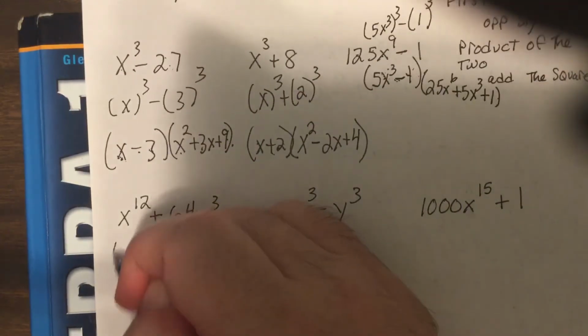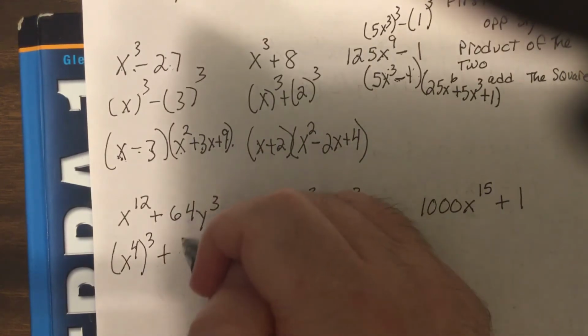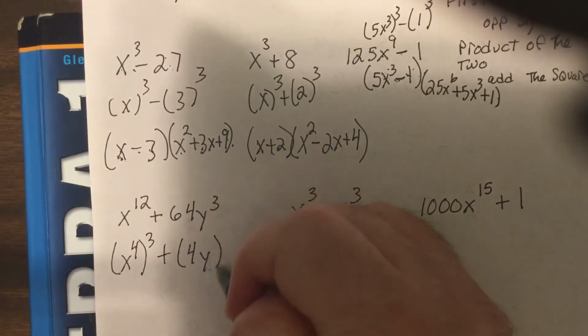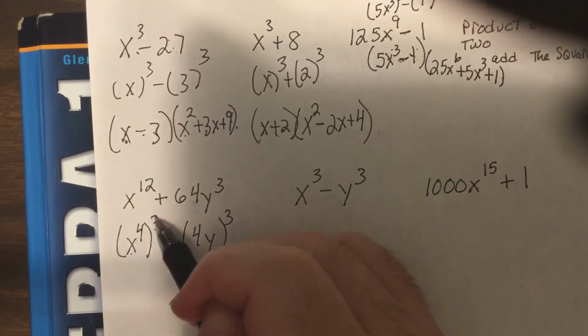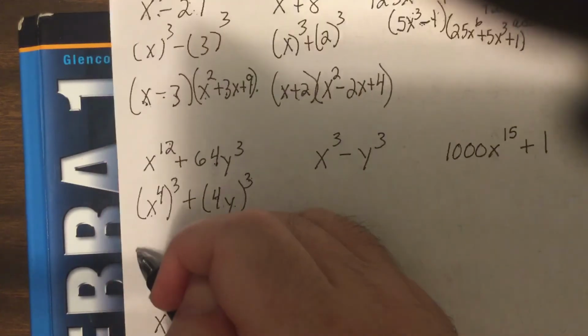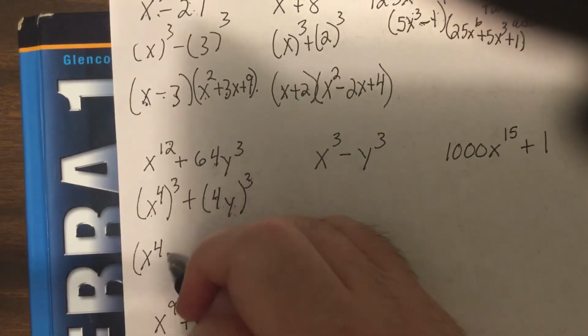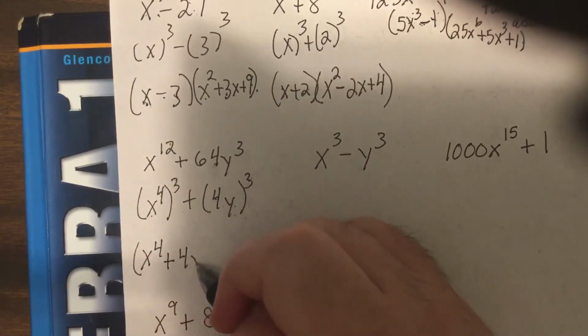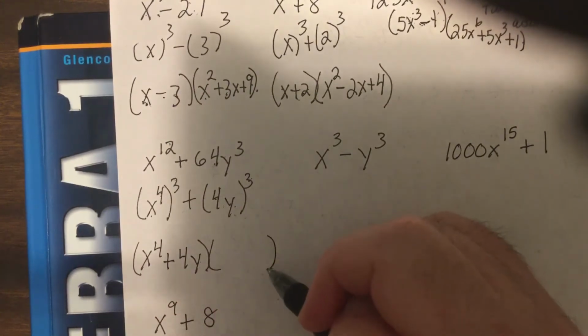So let's look at this. What are we cubing? X to the 4th. What are we cubing? 4y. Because when you have a base to a power, you multiply. 4 times 3 is 12. 4 cubed is 64. Y cubed. Okay. So first write it without the cubes.